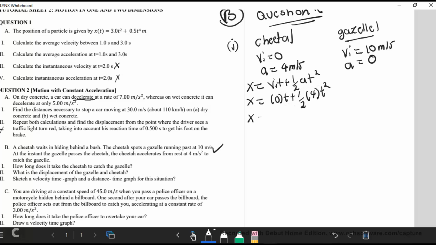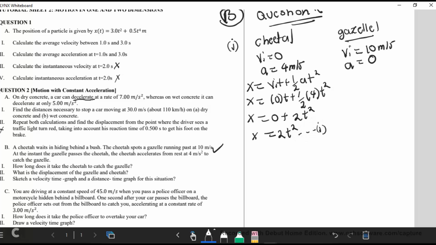Then x is equal to 0 plus 2t squared. Then your answer will be x is equal to 2t squared. So this is your equation 1 for the cheetah.